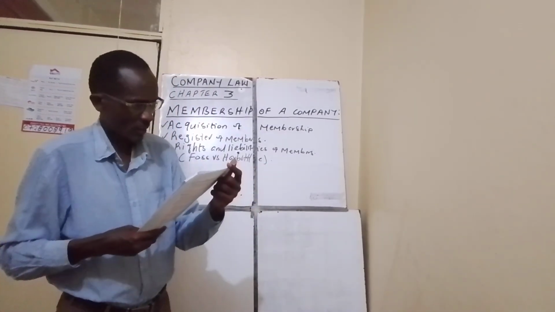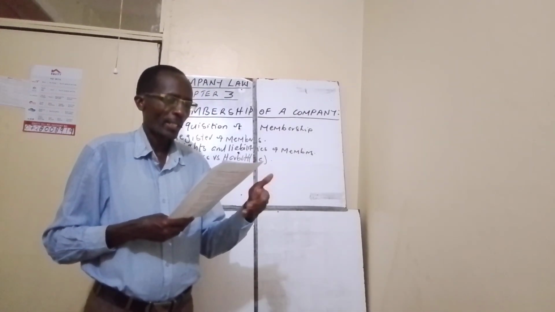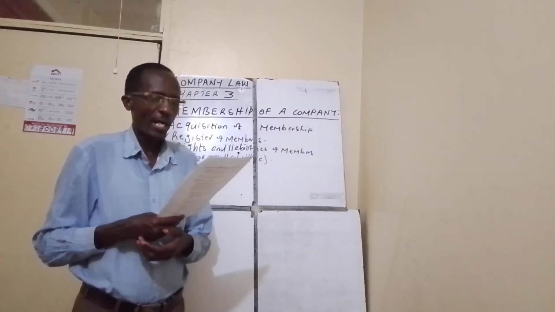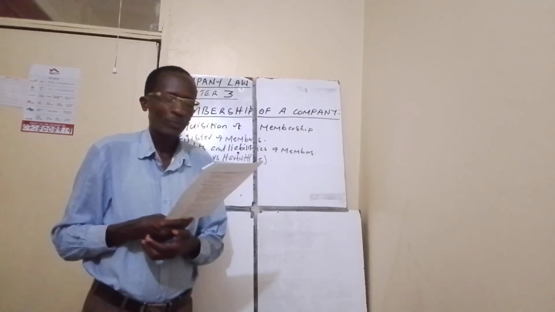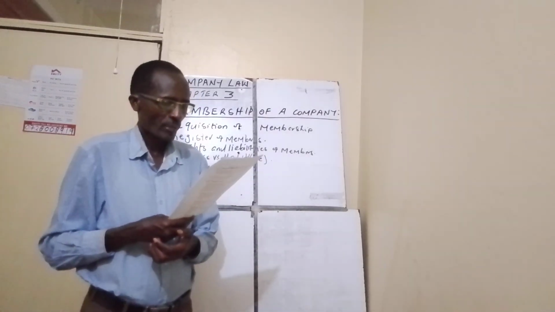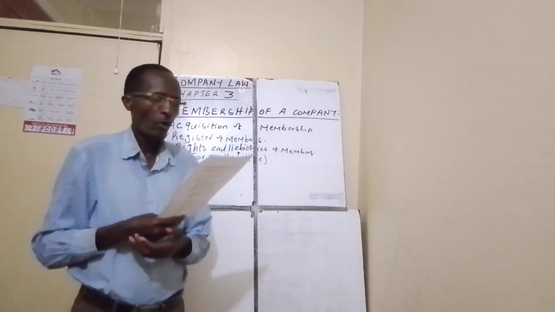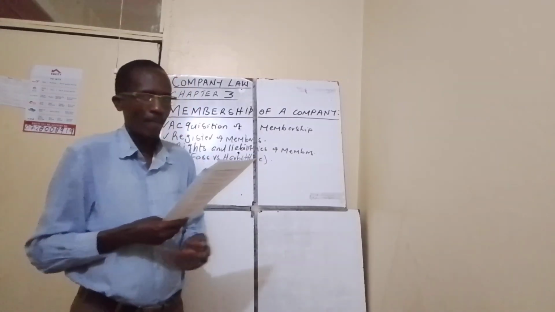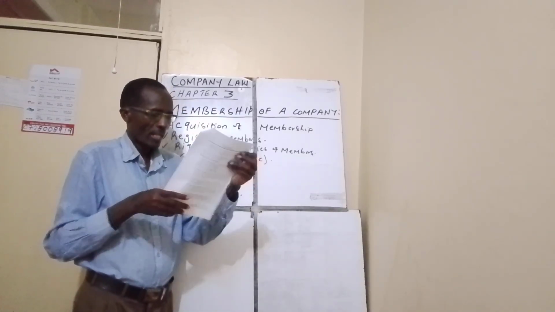However, the problem arises where the wrongdoers, whether directors or members, are in control and thus prevent the company from suing them. To remedy such wrongs, the law has developed the procedural mechanism of derivative actions. I will take up derivative actions in a while.